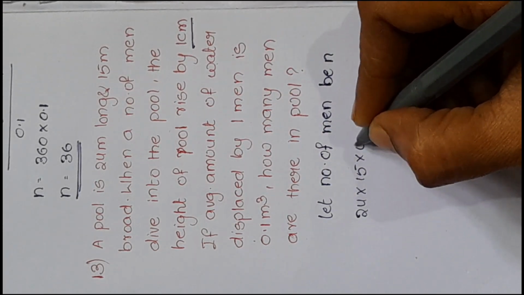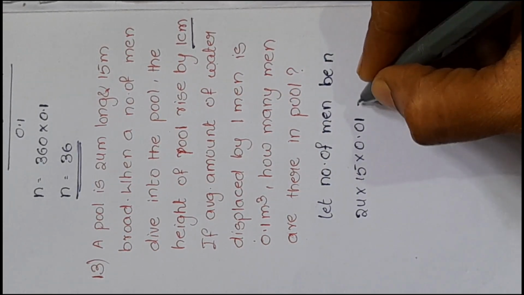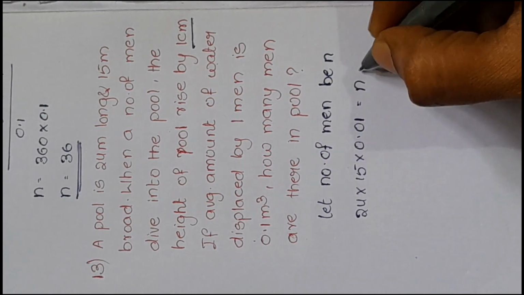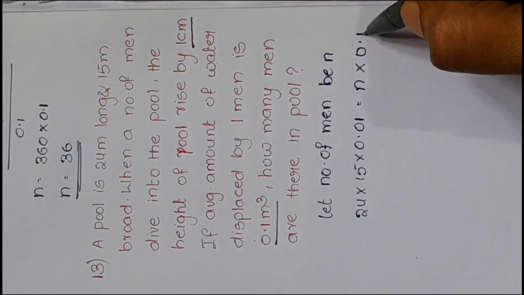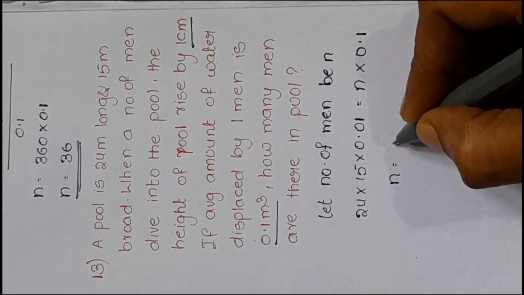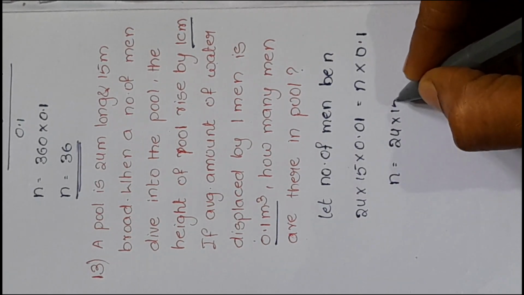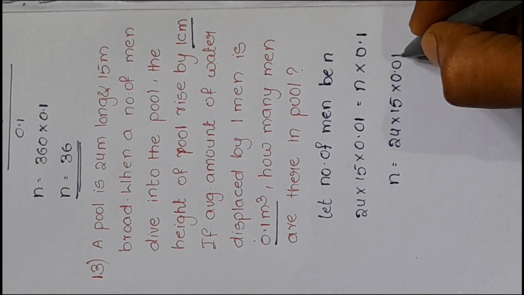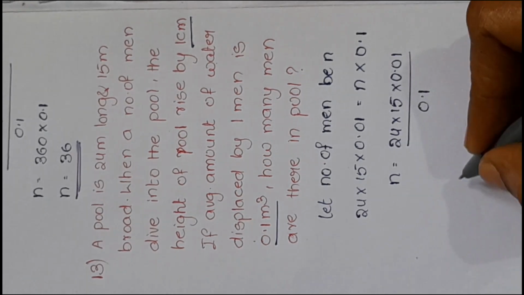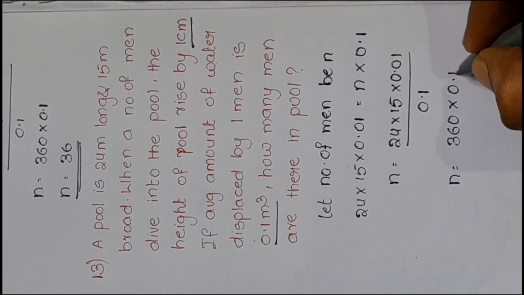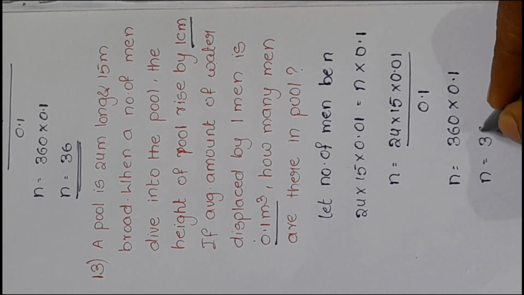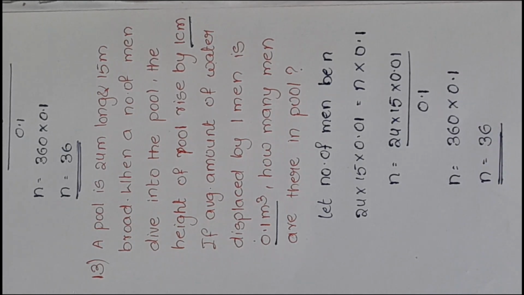So 1 centimeter can be written as 0.01 meters. That is equal to number of men n into 0.1 meter cube, the amount of water displaced by 1 man. So n is equal to 24 into 15 into 0.01 by 0.1. n is equal to 360 into 0.1. This can be written as n is equal to 36, total 36 men are in the pool.